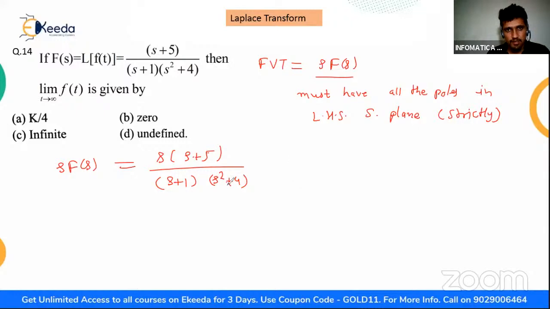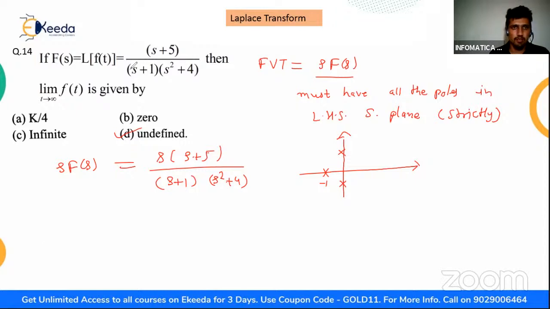So this has two poles on the j omega axis. I draw one pole here at -1, and two poles are here. So we cannot use the final value theorem, so this will be basically undefined. The final value theorem cannot be used. This is the answer from the final value theorem.